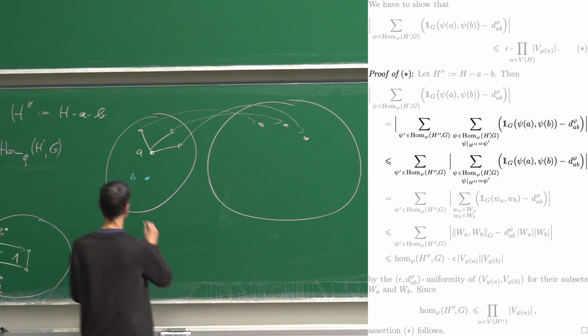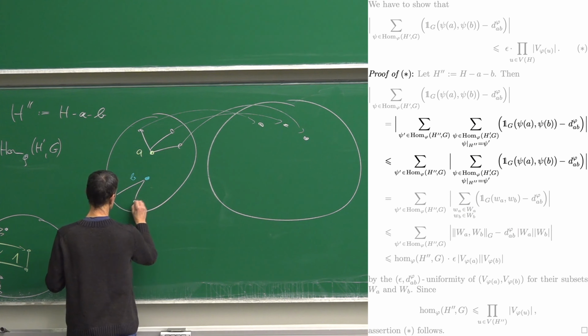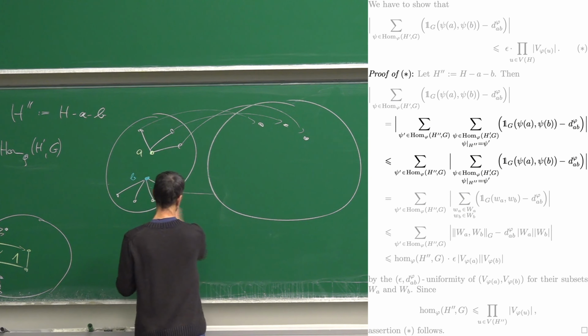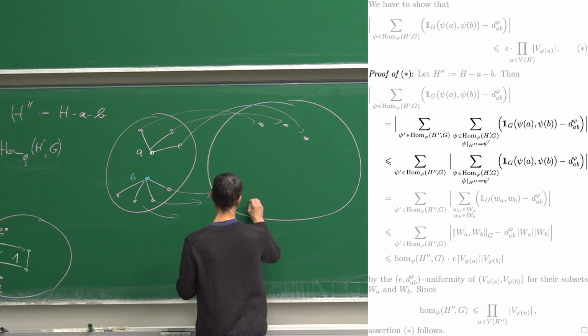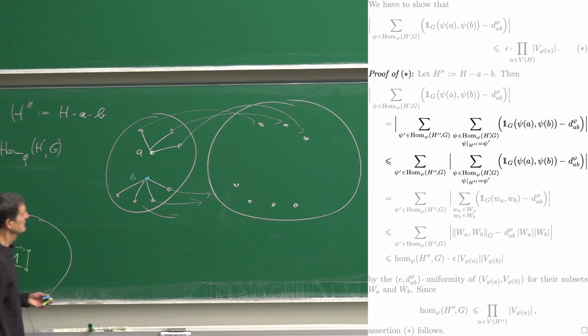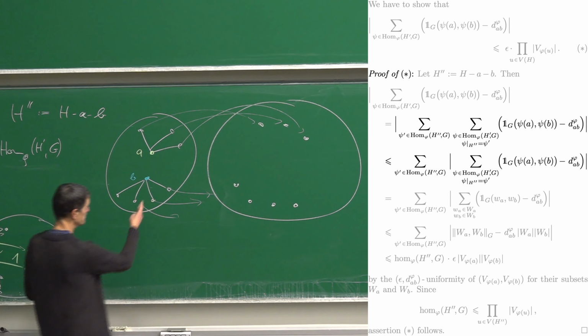We've embedded those, and we have embedded, in particular, the neighbors of A and B. Now, that's a psi prime.